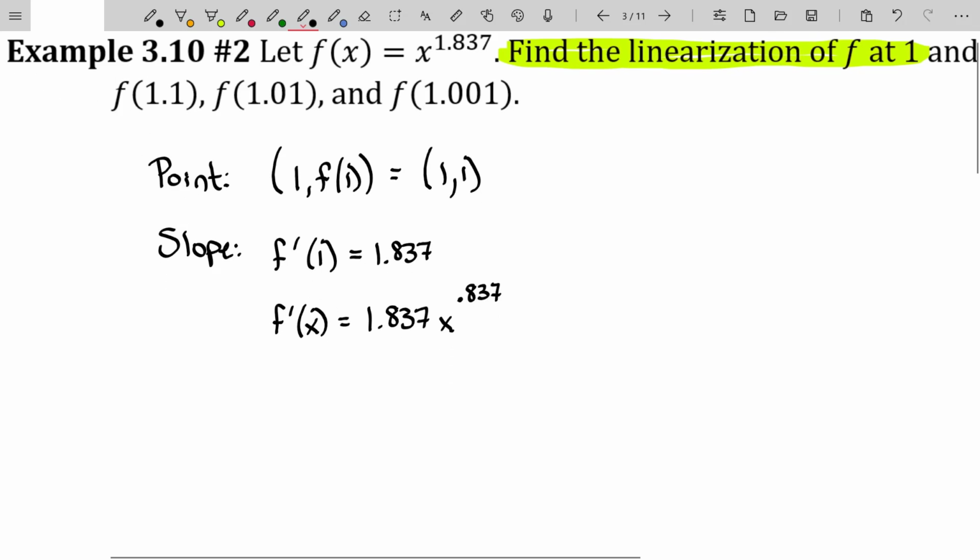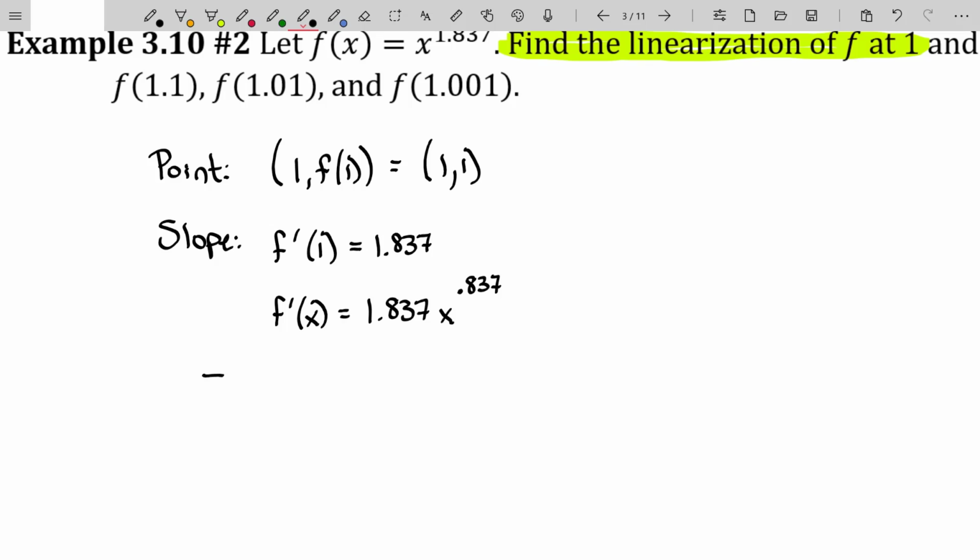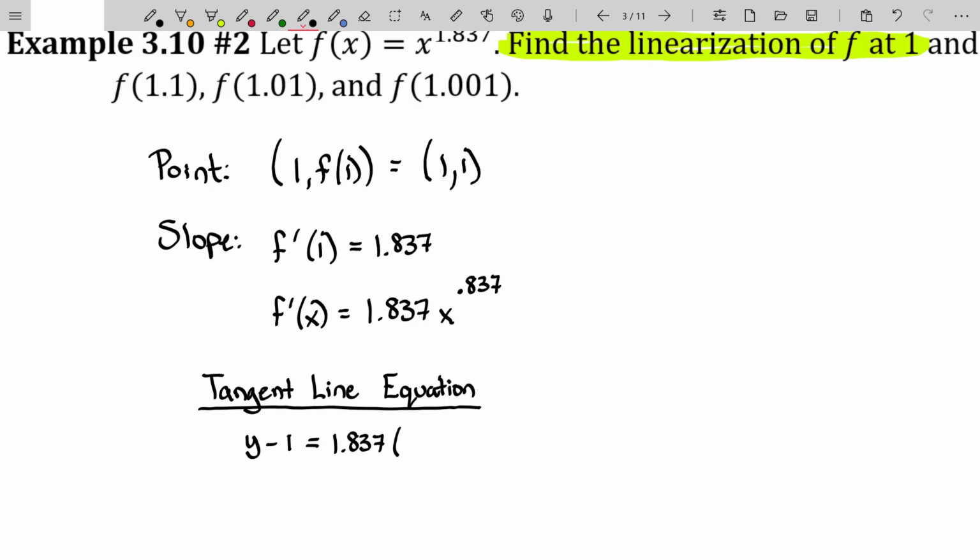All right, so now we have our slope, we have our point, so the equation of our tangent line should be somewhat easy to find. The tangent line equation is going to be y minus the y value of 1 is equal to the slope, 1.837, times the x value minus 1. Now, I highly recommend that you do not distribute out that right-hand side. Again, I'm going to write that in red right there. Do not distribute.